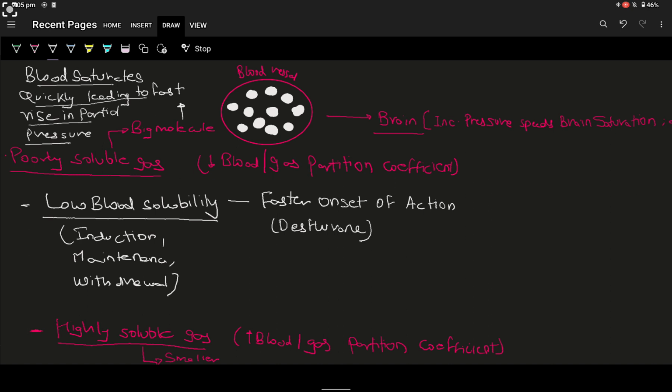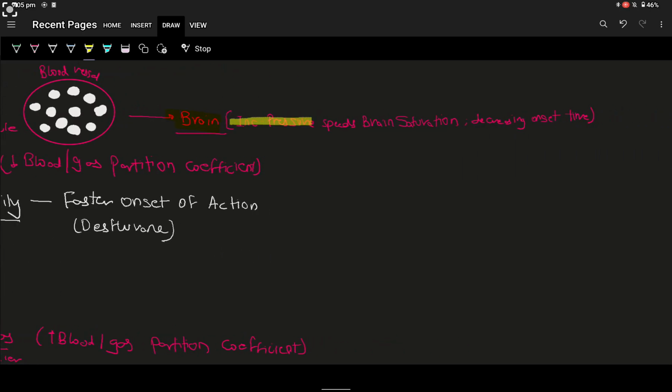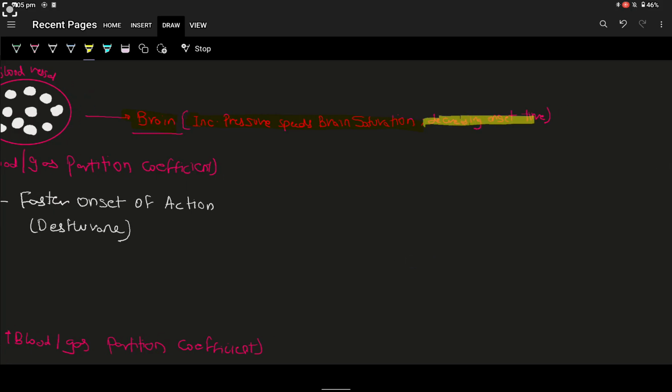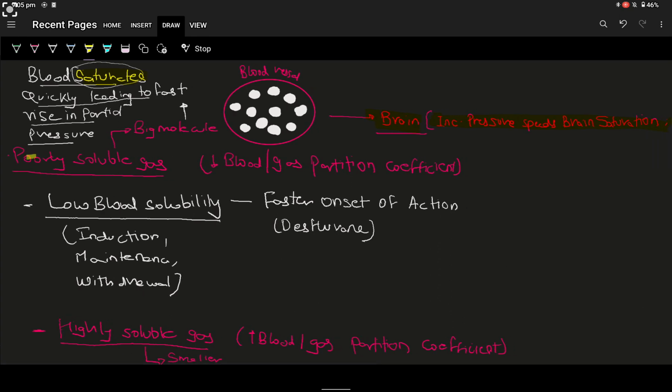And in turn, if the blood vessel is saturated quickly, it would eventually saturate the brain quickly as well, and increased pressure speeds brain saturation. So the increased pressure in the blood vessel would lead to faster onset of saturation in the brain and decrease in the onset time. That is, the time it takes to have the effect is quicker in poorly soluble gases.